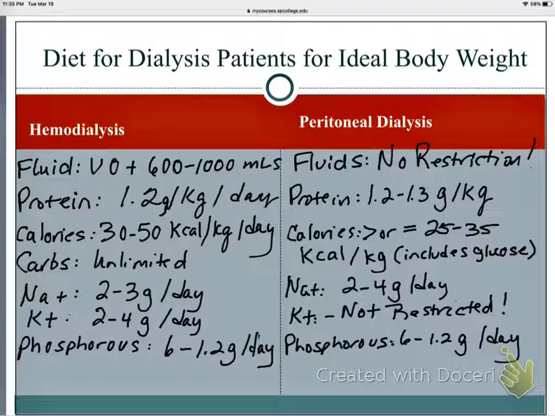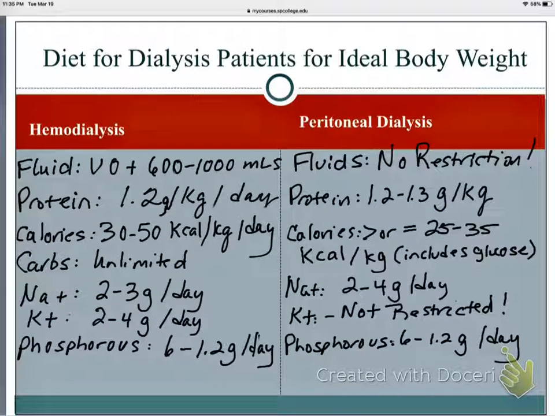Protein intake is almost the same, because you do lose some protein during dialysis, hemodialysis too. You will lose some, so you can have a little bit more. I know in end-stage renal disease, before they get to hemodialysis, they restrict the protein on the kidneys. But now we can give a little back, okay?